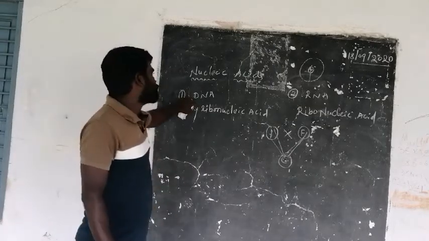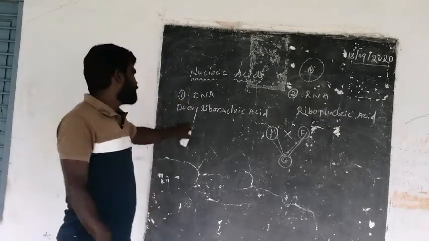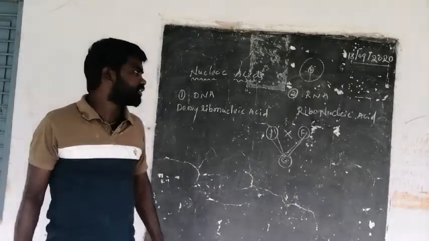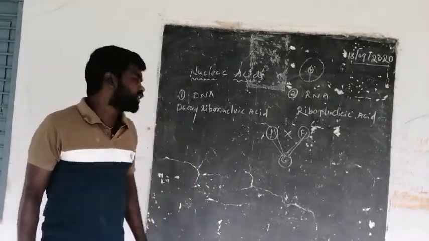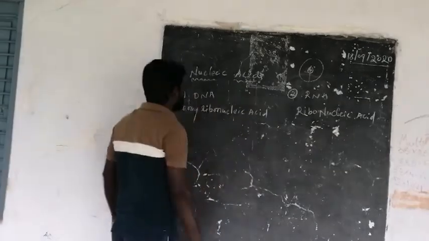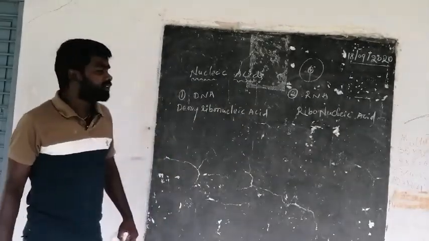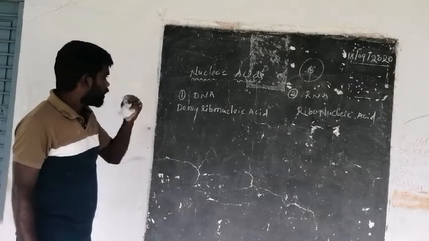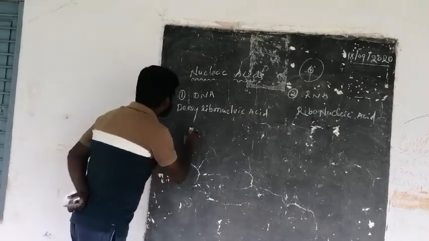The nucleic acids are of two types, DNA and RNA: deoxyribonucleic acid and ribonucleic acid. And what are the components present in the DNA and RNA?